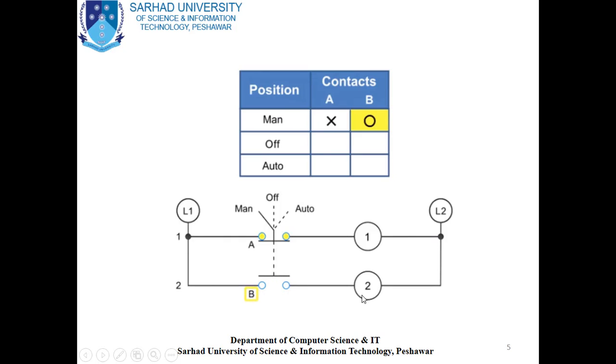So if we consider 2 as a light, then the light will not glow because here the connection is disconnected. So we will go to the next slide.